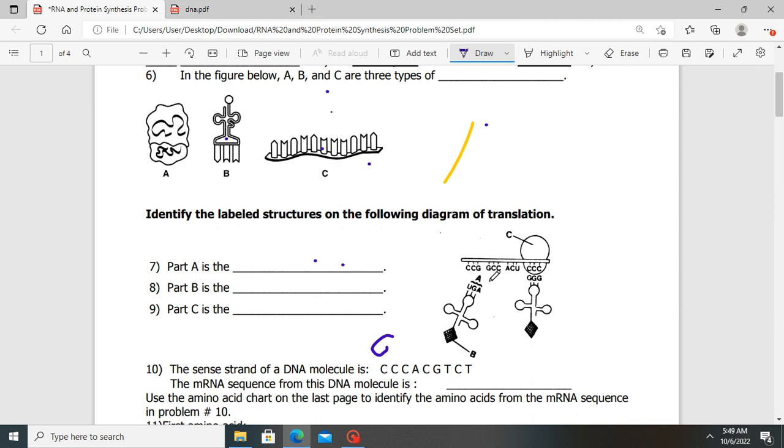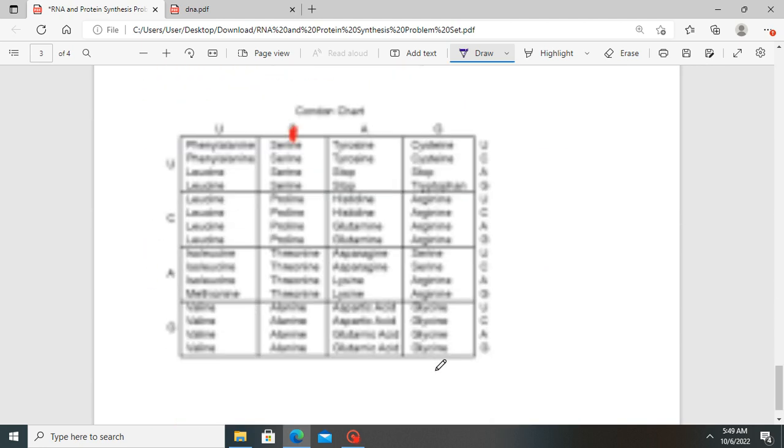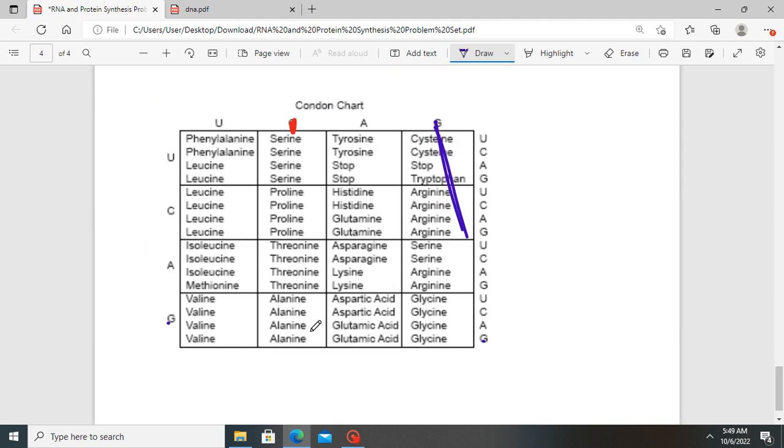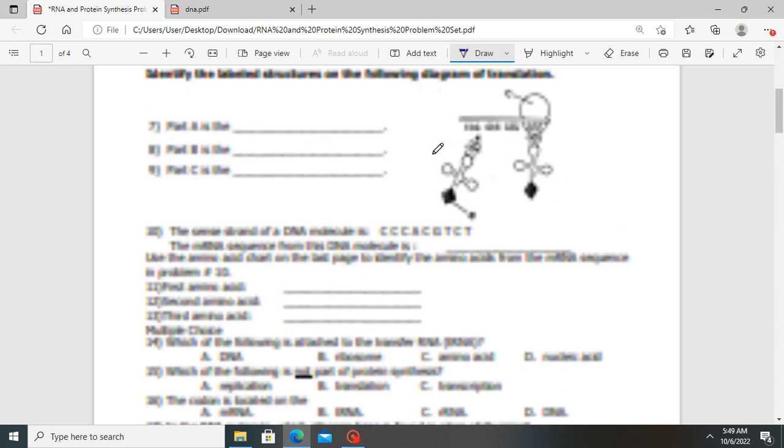Now the UGC on the codon chart corresponds to which amino acid? We have U, we have G, then C. So the second codon on the messenger RNA is cysteine, which is UGC.